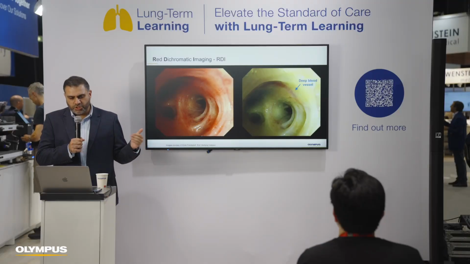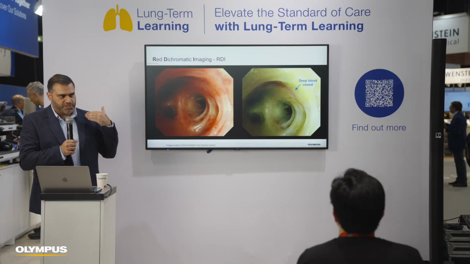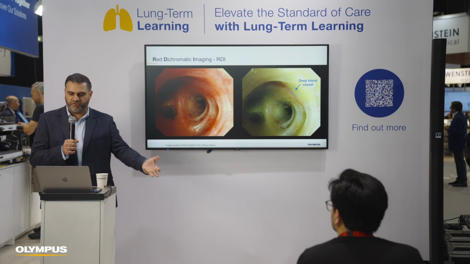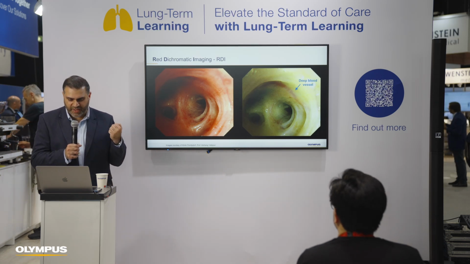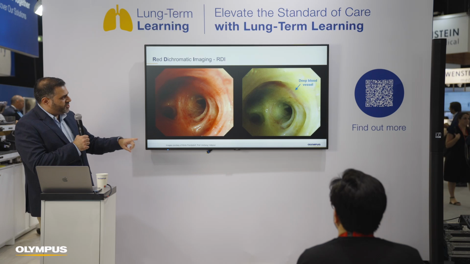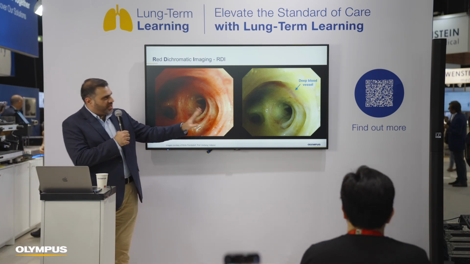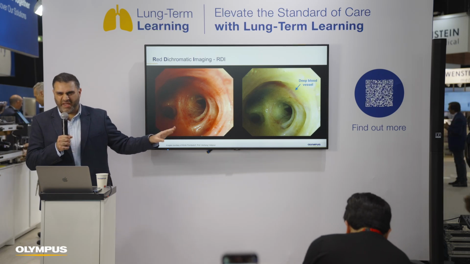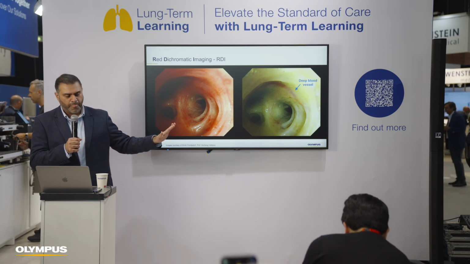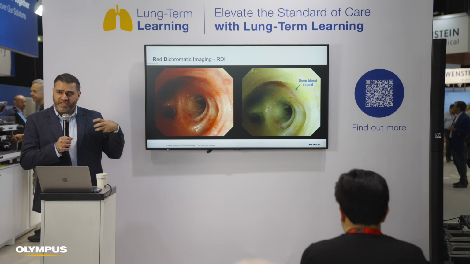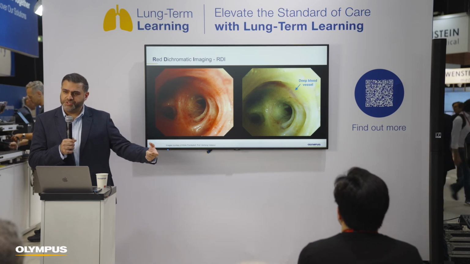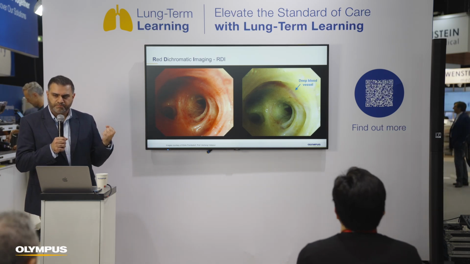First is bleeding prevention. The first picture on the left is white light bronchoscopy. The white light is going onto the mucosal surface and we're getting a picture back. But when we switch to the RDI, the green light is reflected back at quite a shallow level. The amber and red wavelengths penetrate much deeper into the mucosa and then are reflected back.